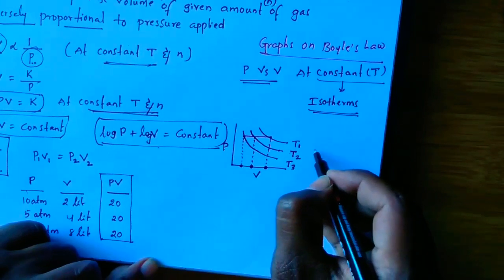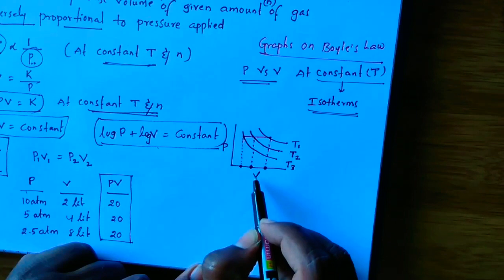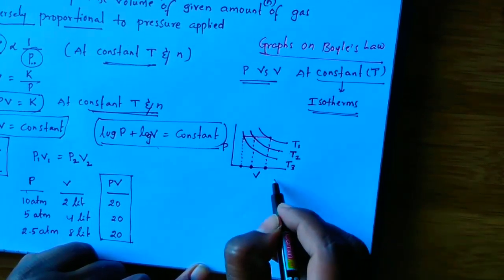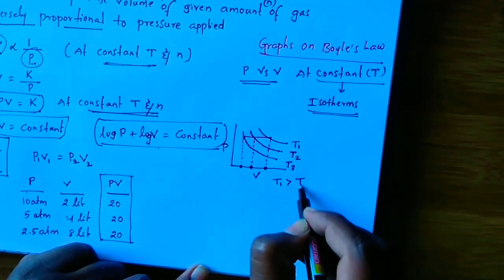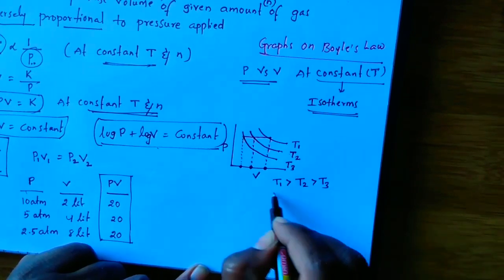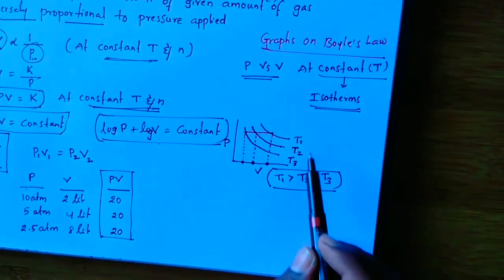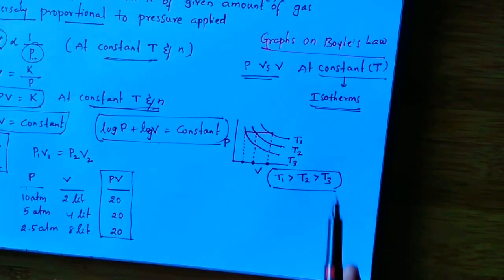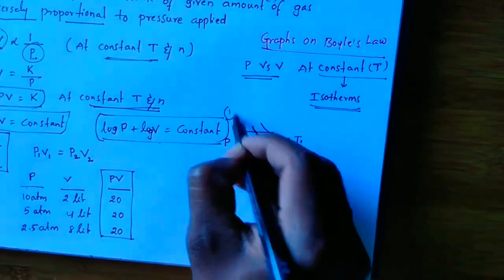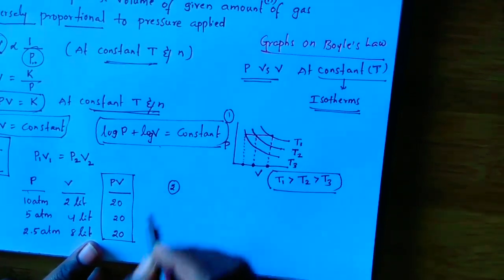So the highest volume is at temperature T1, and T1 is greater than T2, which is greater than T3. Questions on the order of temperature in these plots are often repeated from Boyle's law. This is one graph, and now let us see the second graph.